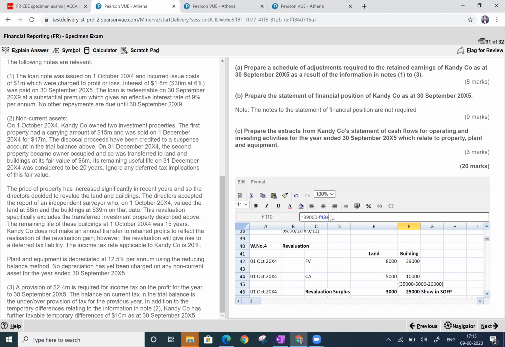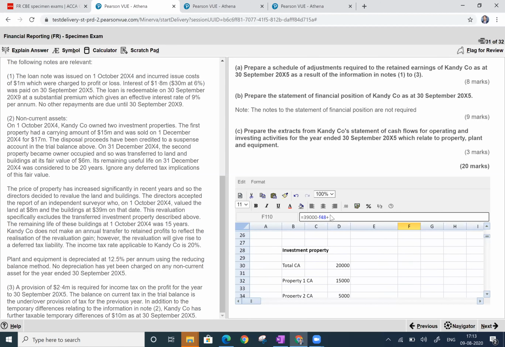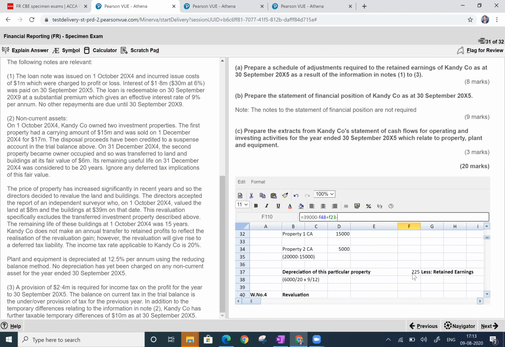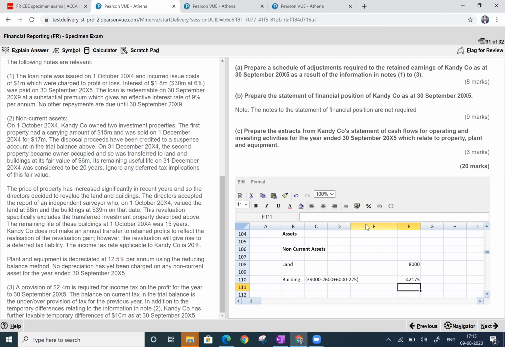Then add 6,000, that is F23. Minus depreciation of this particular item, F37. 42,170. So your total land and building will be 50,175.